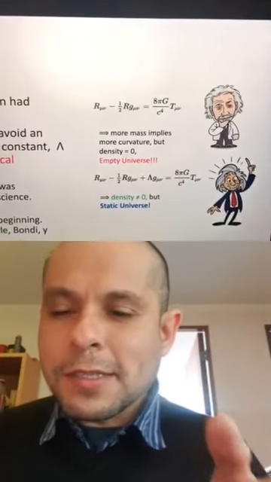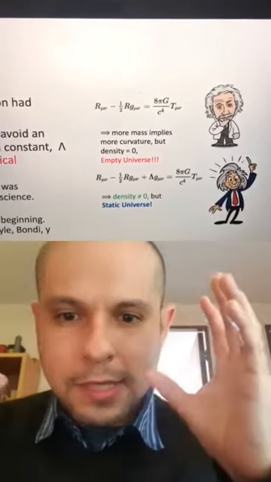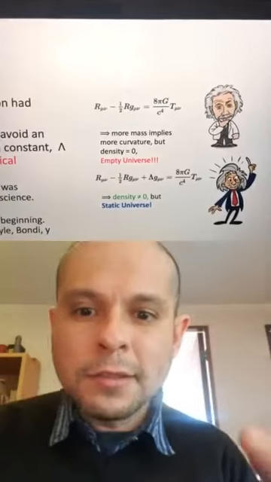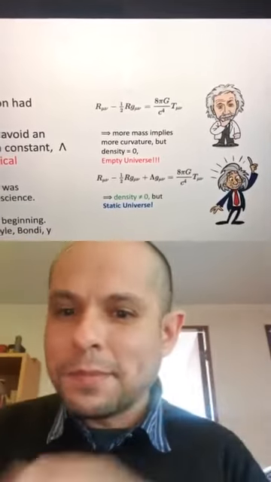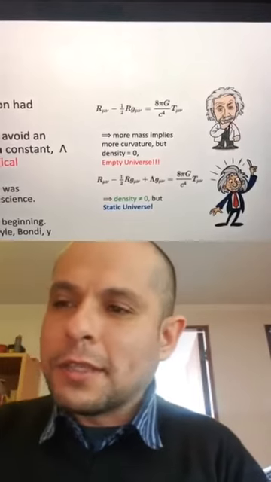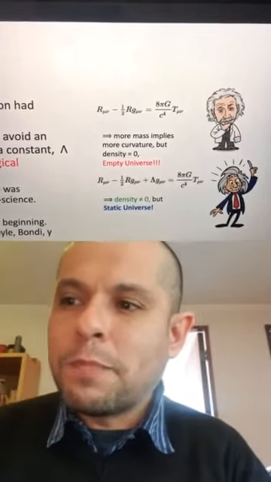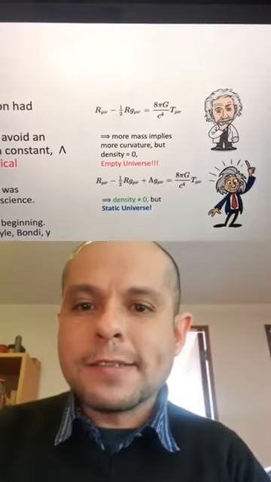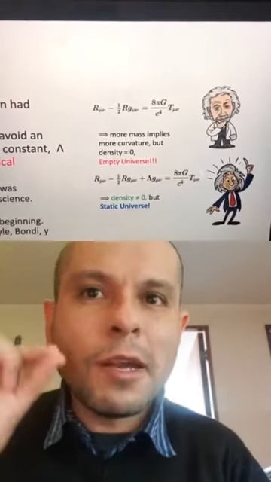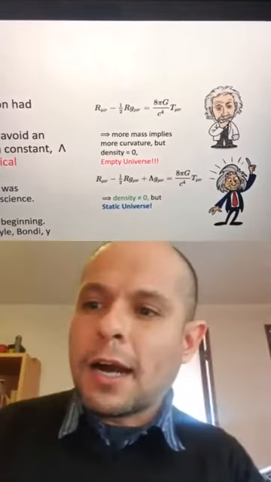So the universe doesn't expand, doesn't move, doesn't have a beginning, doesn't have an end. It stays the same. If you see in the left part, what Einstein proposed was this constant called lambda, which is closely related to what is dark energy, and we are going to see that further on.